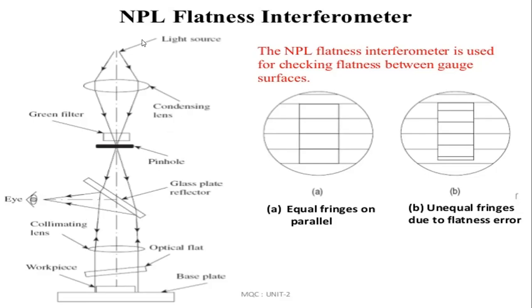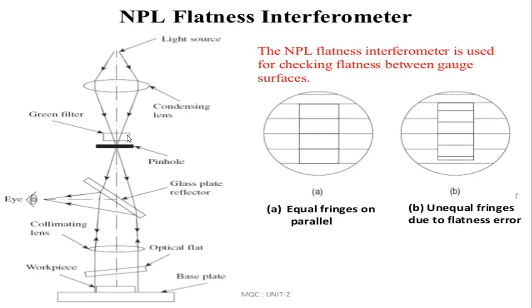So first we need to find the parts. This is the light source, and from this light source the light comes to the condensing lens, and then travels to the green filter.